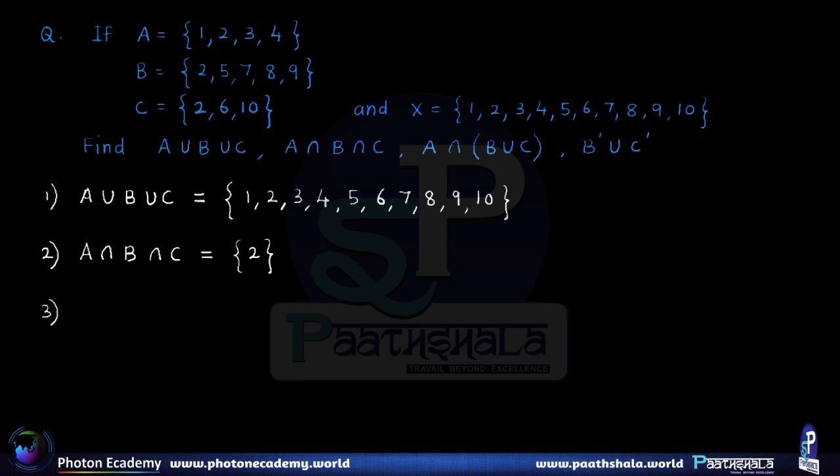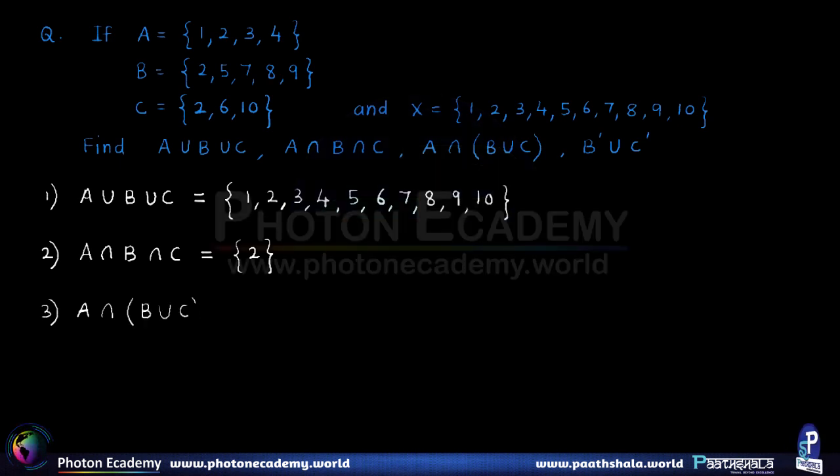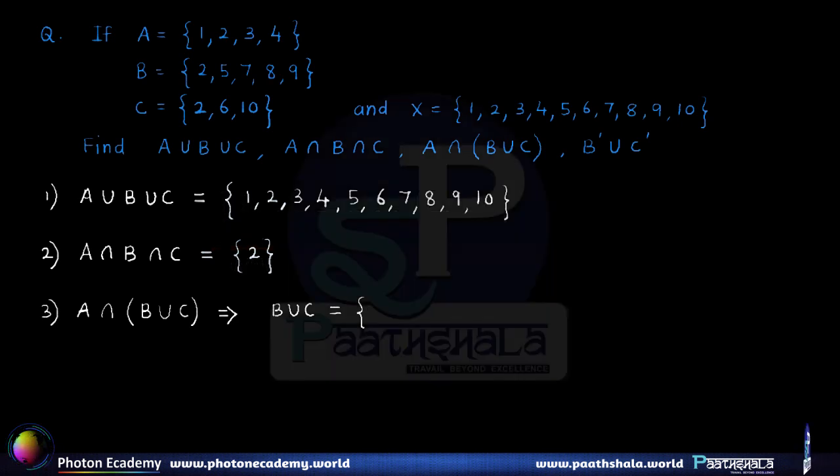Now next we have to find out A intersection B union C, right? To do that, first let us calculate what B union C is, alright, because only after that can we calculate the required set. So B union C is the set of B and C taken together.